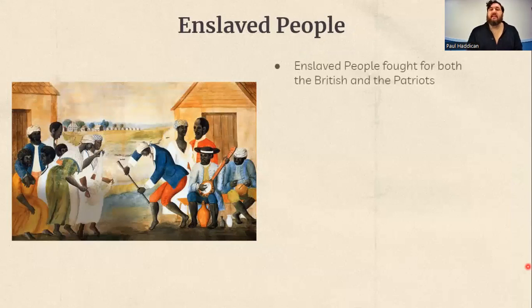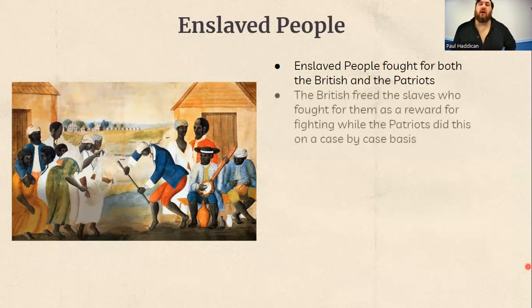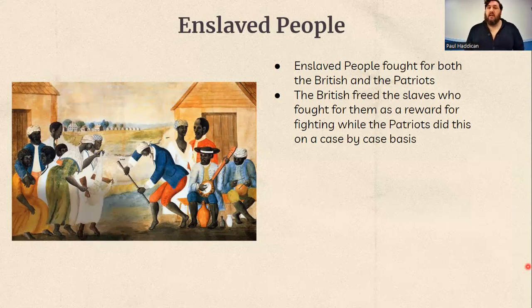Looking at the role of the enslaved people, they also are going to be able to fight for both the British and the Patriots. On the British side, they are freeing any slaves who fought for them as a reward for fighting, while the Patriots did this on a case-by-case basis. So Britain is putting out a call to any enslaved person, saying, "Hey, if you sign up for the British Army, or your master's a loyalist and he sends you to fight for us, you're free at the end of this war.